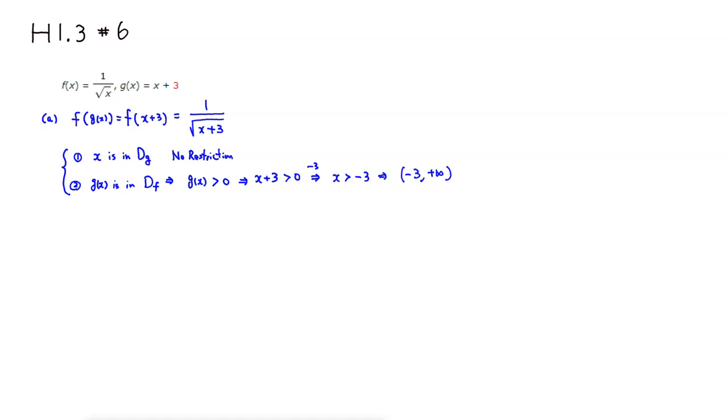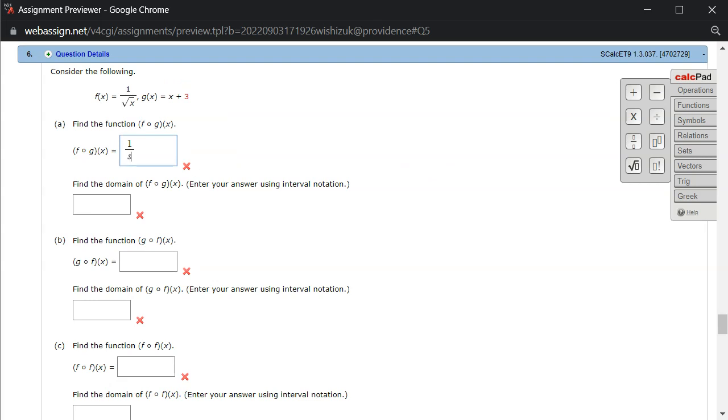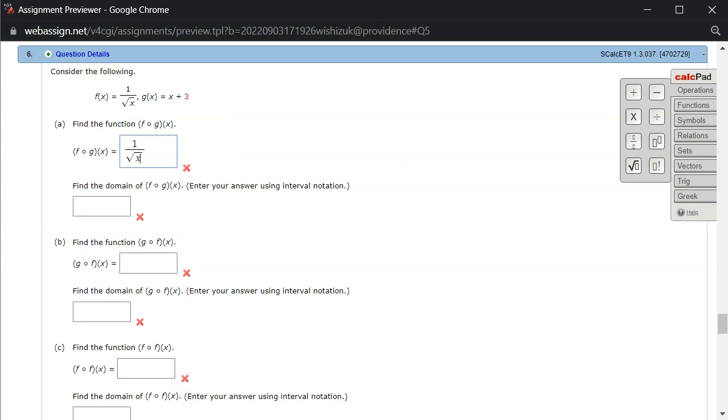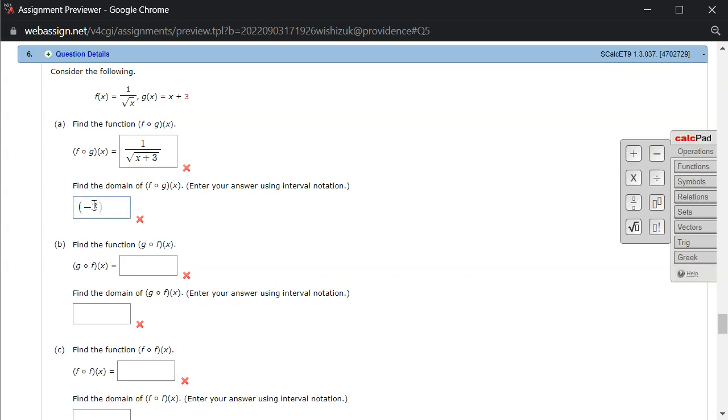So let's type it in. We have 1 over square root of x plus 3, and its domain is from negative 3 all the way to positive infinity. So we have that.